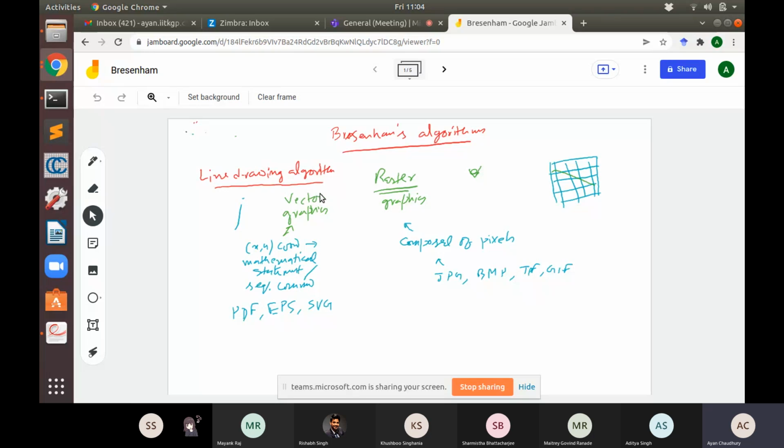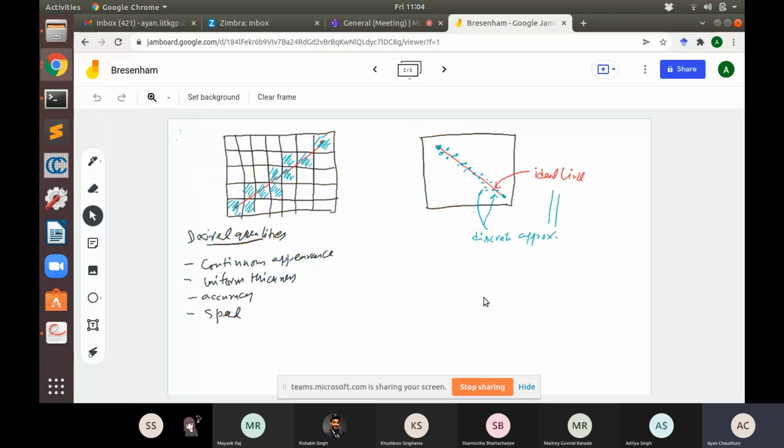Okay, so the problem we were seeing is that for drawing a line on the screen, you have to turn the pixels on, or paint the pixels depending on the color of the line. Sometimes if you try to draw a line, it's a continuous line, but since it's going through the grid of pixels, you have to choose pixels that approximate the line.